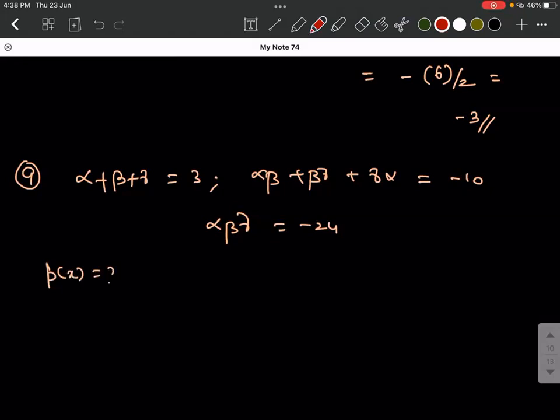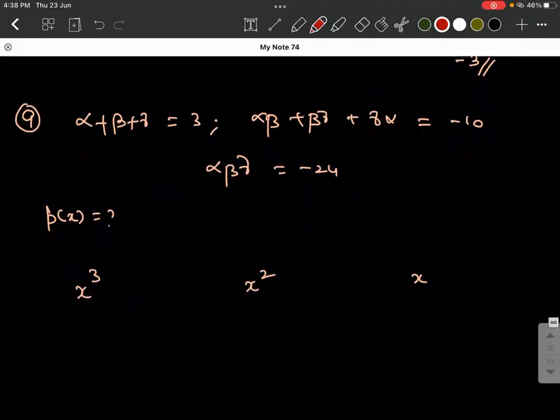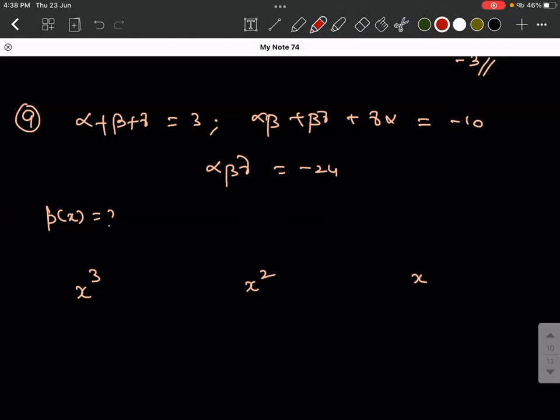Guys, listen to this. So first technique is the number of zeros will tell you which degree polynomial it is. So by default, start with x cube. Put an x square. Keep decreasing the degree: x and a constant. Now see, x cube, the coefficient is 1.